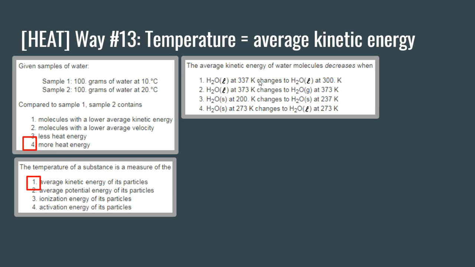But it's asking you which one shows an average kinetic energy of water molecules decreasing or dropping. So we also need to note the temperature of these various substances in order to evaluate which one of these answer choices shows a decrease. Please note that all the answer choices are in Kelvin, so there won't be any conversion necessary to answer this problem.